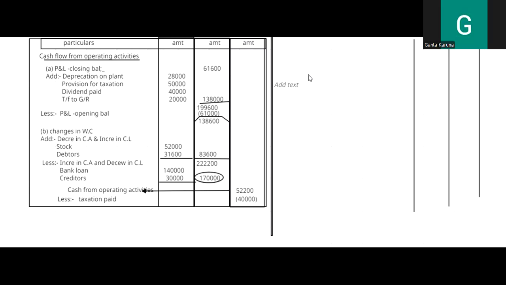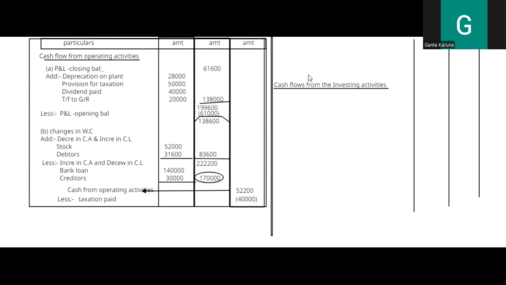Remember, we are just talking about the investment activities of asset side only, the fixed assets, especially the fixed assets. We are going to talk about the fixed assets only. So here we have got only two fixed assets.